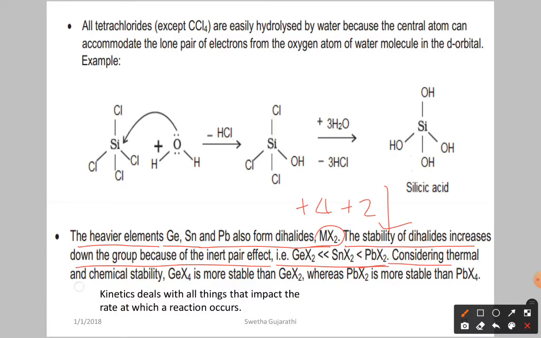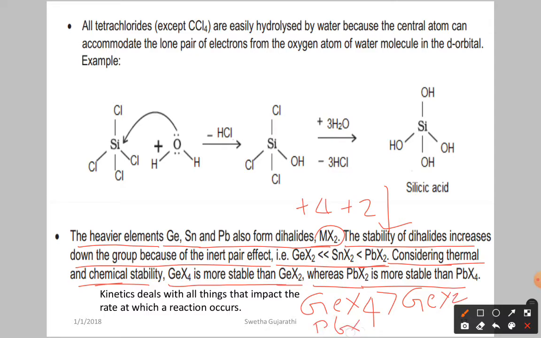Considering thermal and chemical stability, germanium tetrahalide is more stable than germanium dihalide, whereas lead dihalide is more stable than lead tetrahalide. In germanium, the tetrahalide is more stable than the dihalide; in lead, the dihalide is more stable than the tetrahalide.